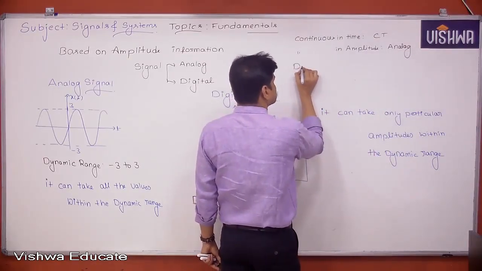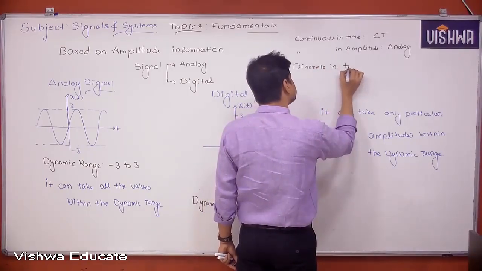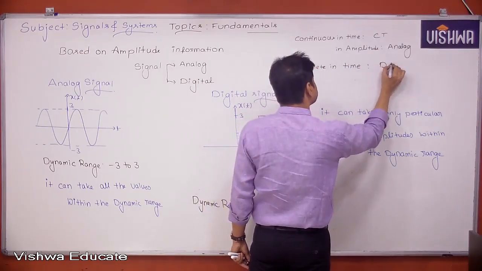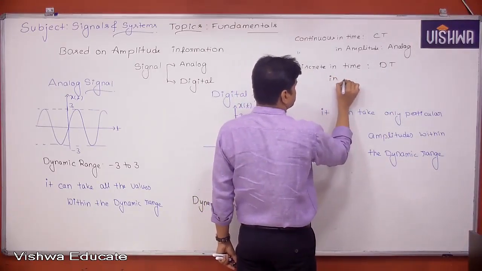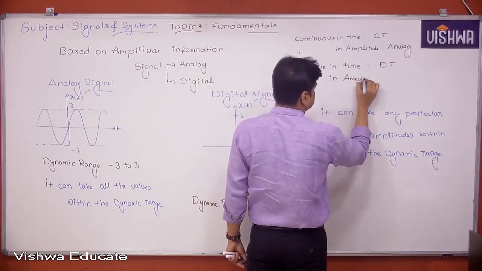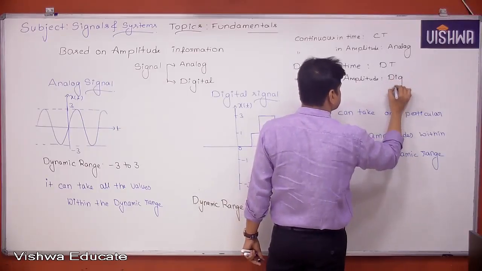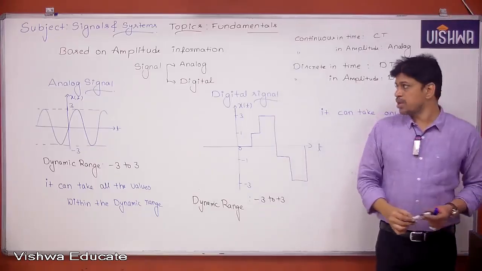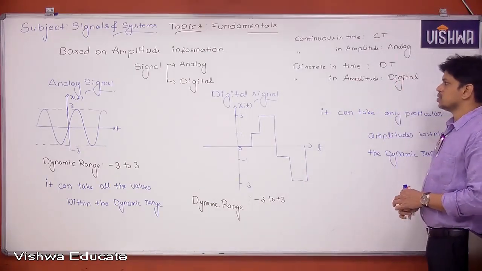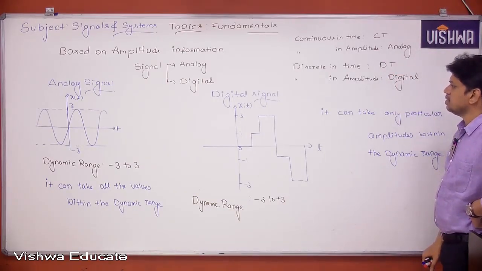Next, discrete in time is a discrete time signal. Discrete in amplitude is a digital signal. Remember, make a note. Based on the time information, it is continuous time or discrete time. Based on the amplitude information, it is an analog or digital signal.